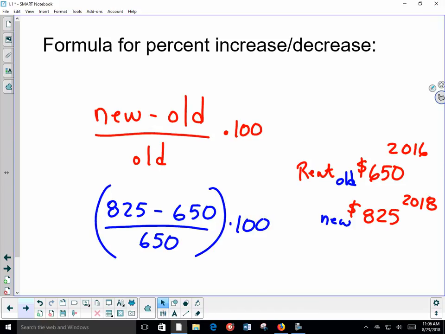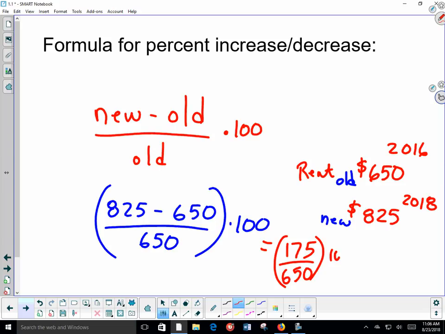So grab your calculator, do this along with me. So I am doing 825 minus 650. I'm getting 175 over 650. And I'm going to multiply that by 100. So if I do 175 divided by 650, and I want a decimal for that, I am getting 0.2692, for example.